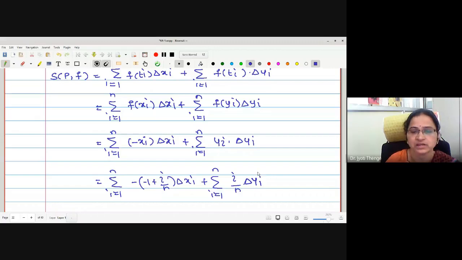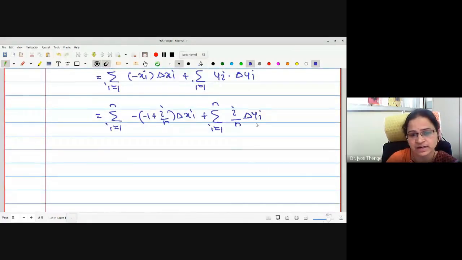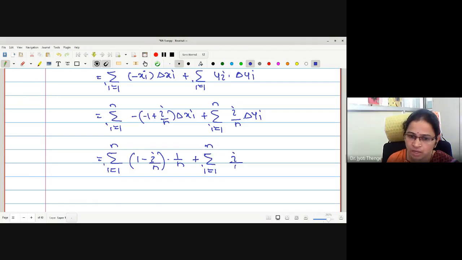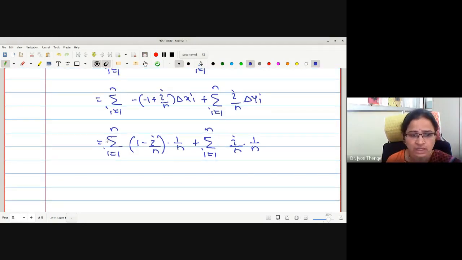One can substitute delta xi, delta yi values as well. So this is summation i equals 1 to n. Let me absorb the negative. This is 1 minus i by n, delta xi is 1 by n, added with summation i equals 1 to n i by n, and this delta yi is again 1 by n. Let me separate this first summation.